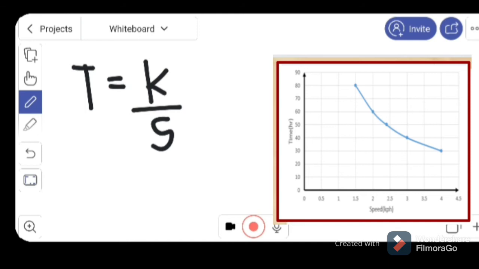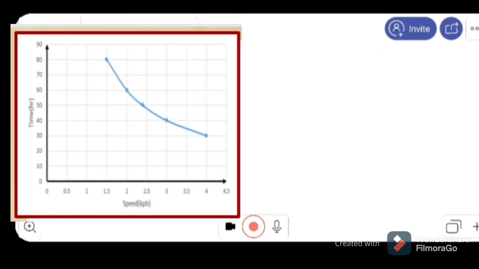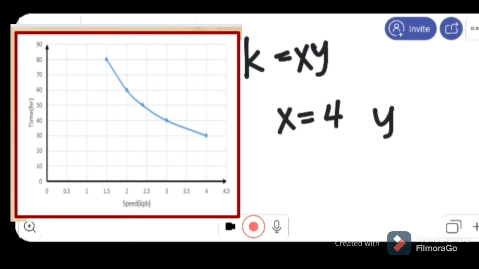T is equal to k over s. And then to find the value of k given that graph, let's take values for y and x. If x is 4, what is your y?